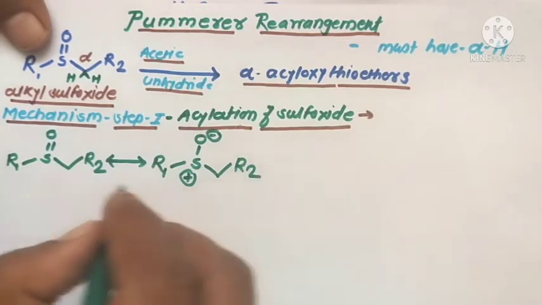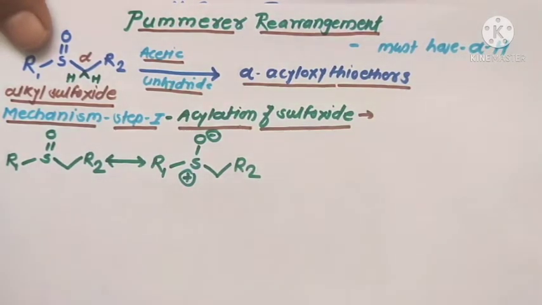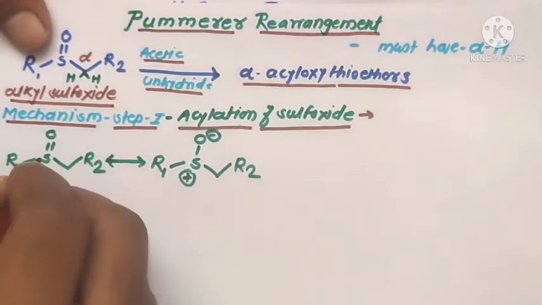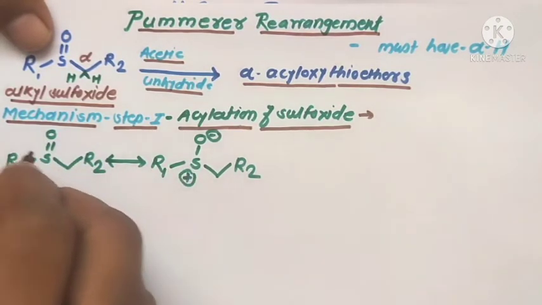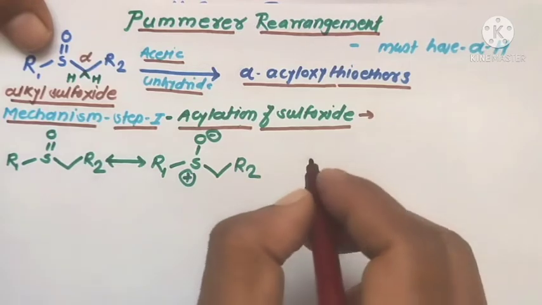Since sulfur is electropositive and oxygen is electronegative, there is formation of a resonance structure.